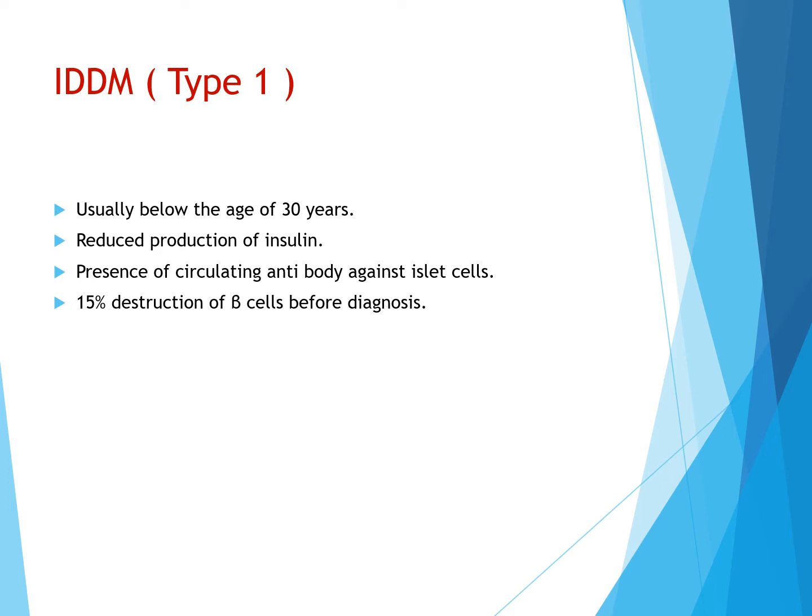Usually, the condition is because of some antibodies against the cells of the pancreas, which will cause the destruction of the beta cells. And when the beta cells are destroyed, the secretion of the pancreas is not enough to maintain the normal sugar levels. So these people need to take insulin from an external source in the form of injections.